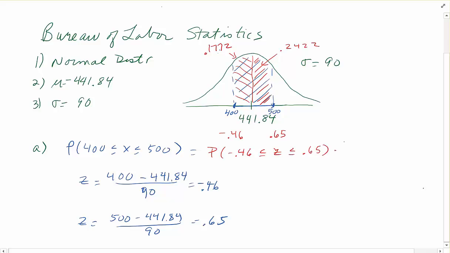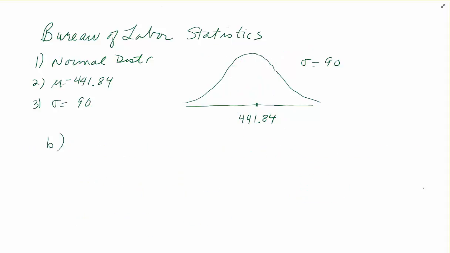And to get that, then we just add the 0.1772 and the 0.2422, and we get 0.4194. Between $400 and $500, there is a 41.9% probability of that.